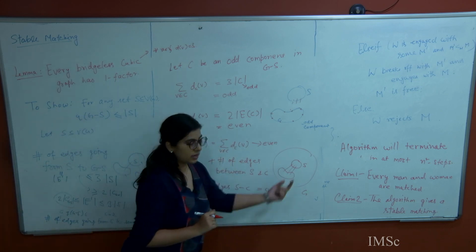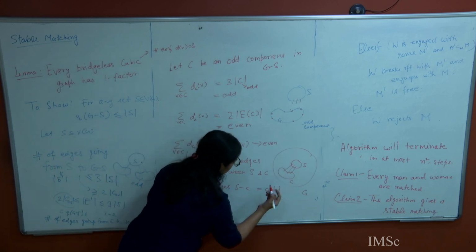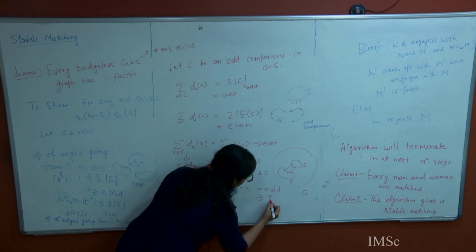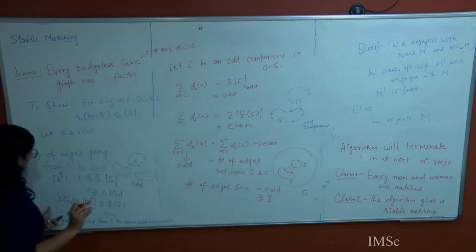And it can't be 1, we already said that, because the graph is bridgeless. So this is at least 3. So we got a lower bound on this.